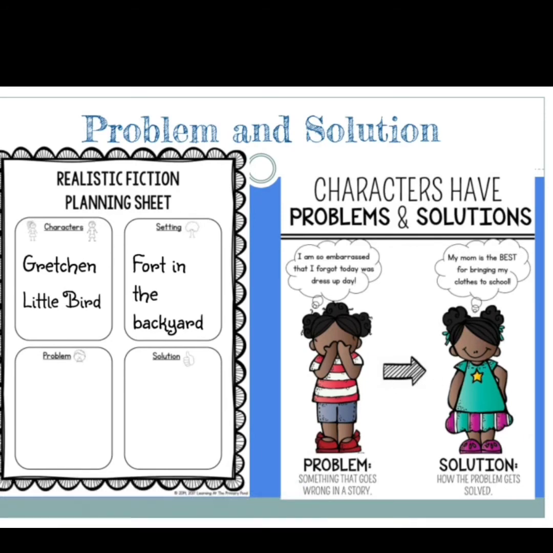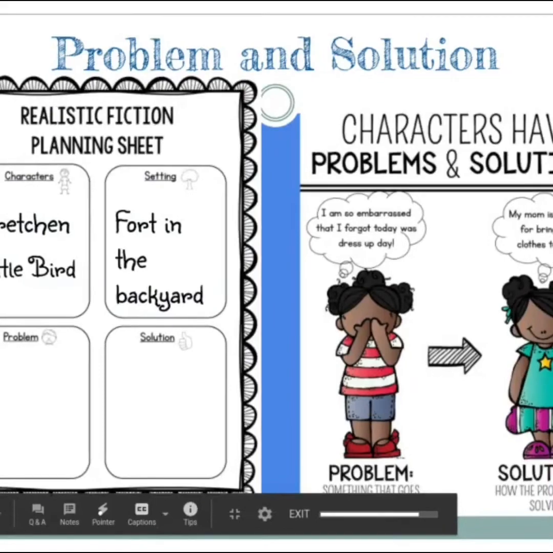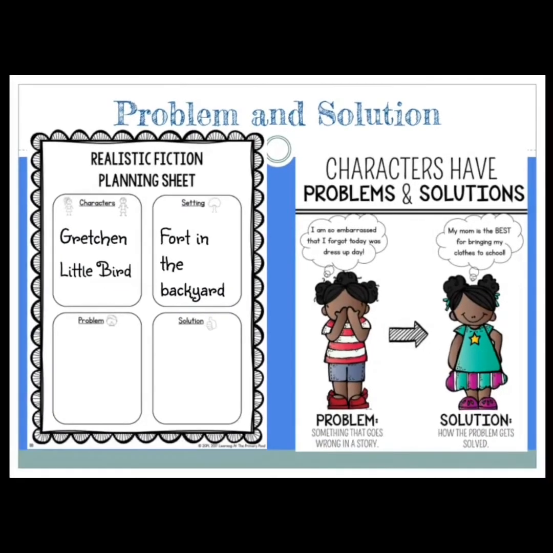So now I have to do some really hard thinking about the problem that Gretchen has and how it's going to get solved. So the problem in my story about Gretchen and Little Bird is that Gretchen finds a hurt little bird in her backyard.